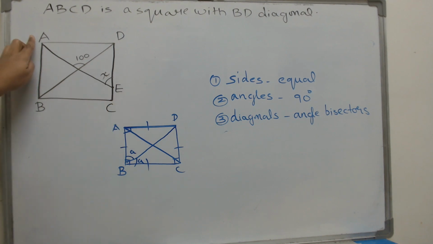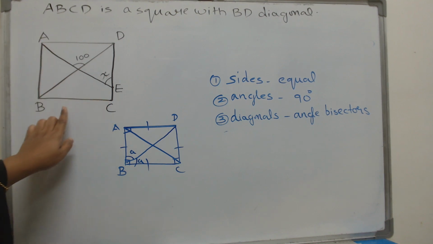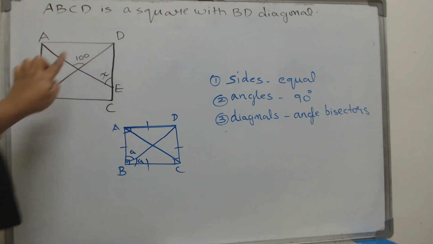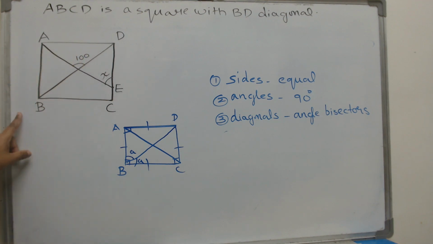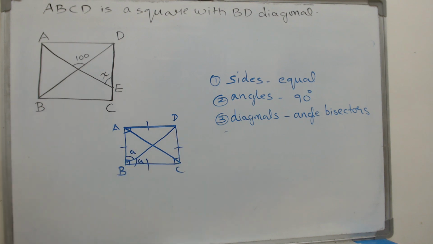It does not connect two opposite vertices A and C. It has not touched C, so it is not a diagonal. We have only one diagonal given. So these are the three properties that you have to keep in mind whether you use it or not.